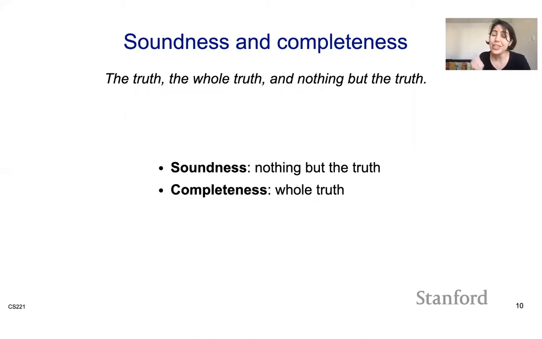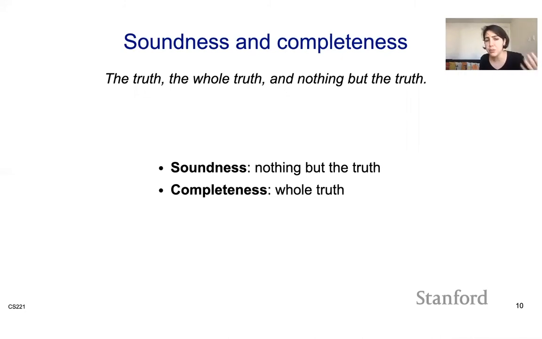Soundness gets you nothing but the truth, everything that's inside of the glass and nothing outside of the glass, because that would be bad. You don't want to get something false. That's what soundness gets you. Completeness gets you the whole truth. Make sure that you get everything that is inside of the glass, and nowhere is kept empty. You're deriving all the formulas that are inside of the glass, and that is what completeness gets you.